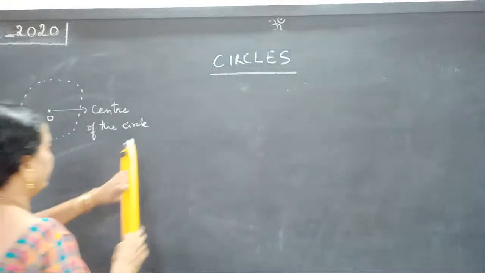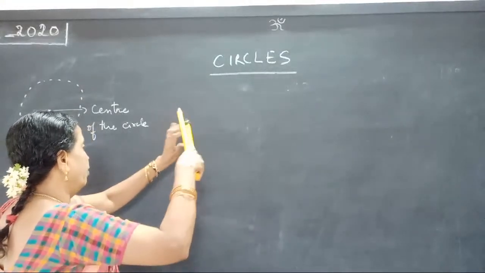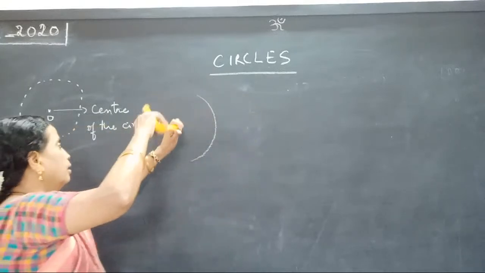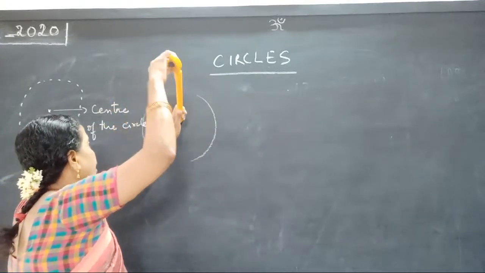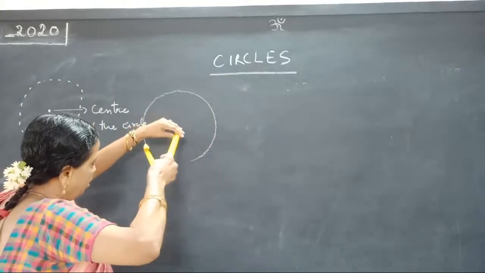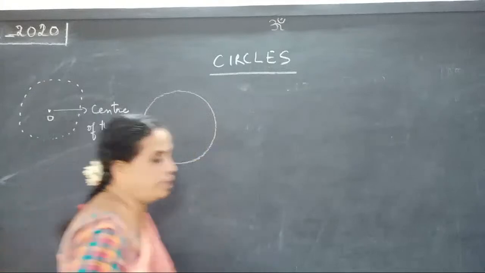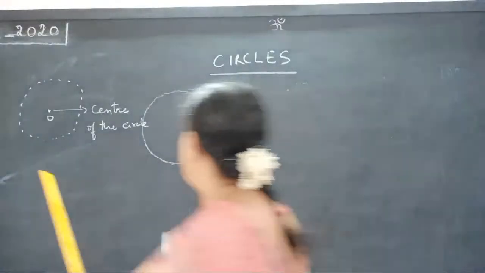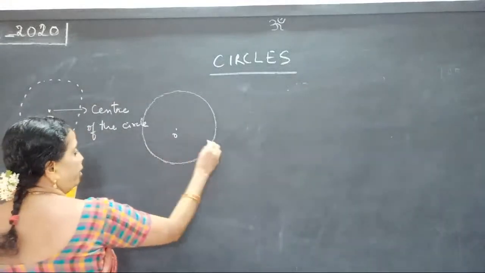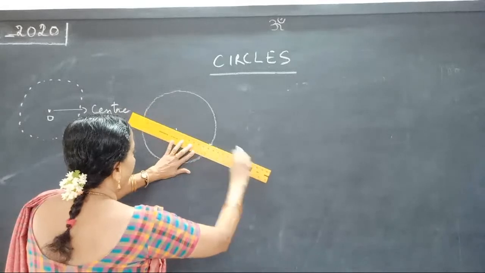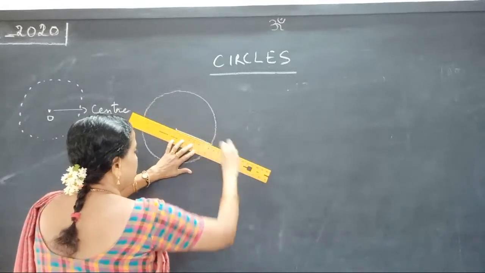When we take any point on the circumference and join it to the center of the circle, we call that length the radius of the circle. Is it clear? For example, if I take A, then OA is the radius.